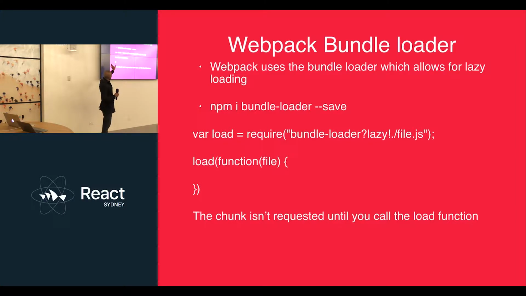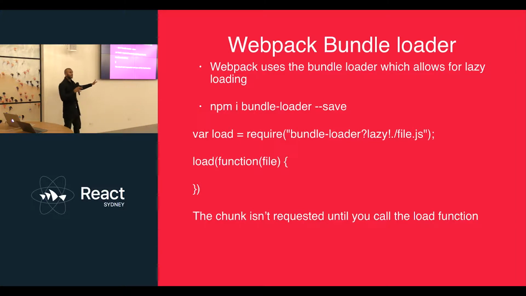And that load variable, sorry if I use var and I triggered anyone, it's const. So the load is invoked with a callback, and that callback receives the module, which is file.js. Cool? That's as simple as it is.